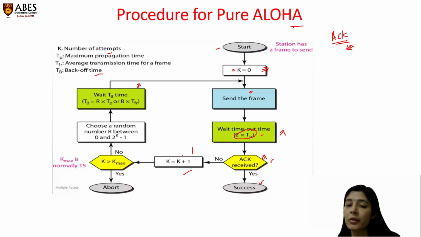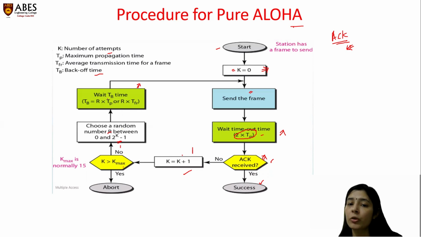So the number of attempts right now is one, which is less than the Kmax value of 15. So we are not going to abort the transmission. The station will pick a random number R between 0 and 2 to the power K minus 1 to calculate the back off time.